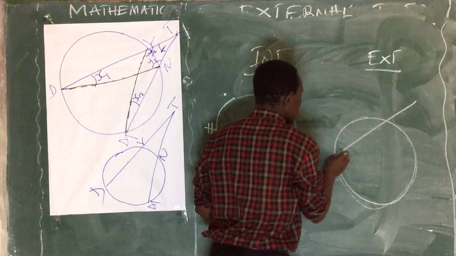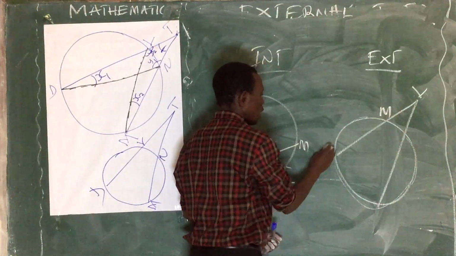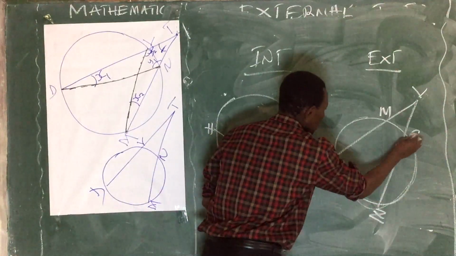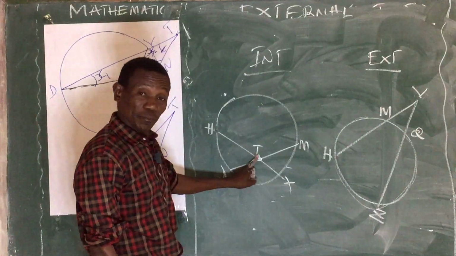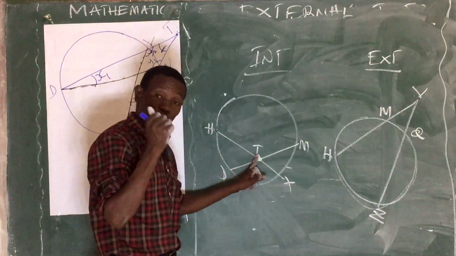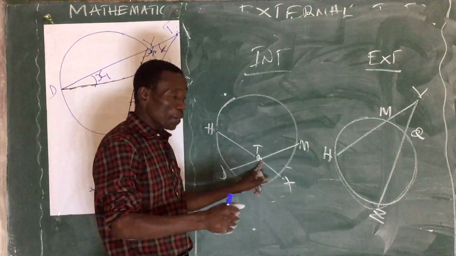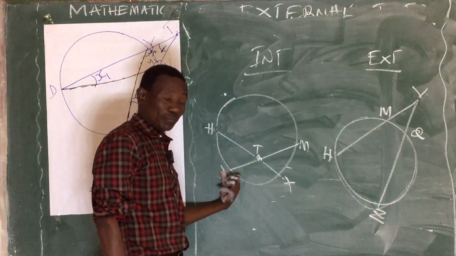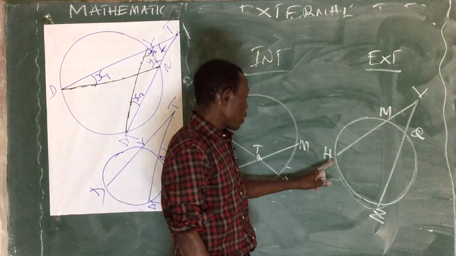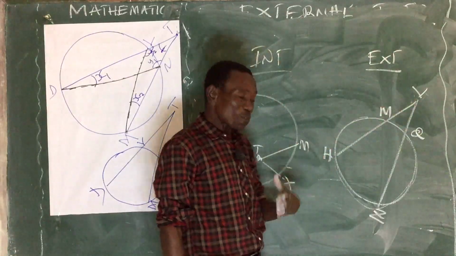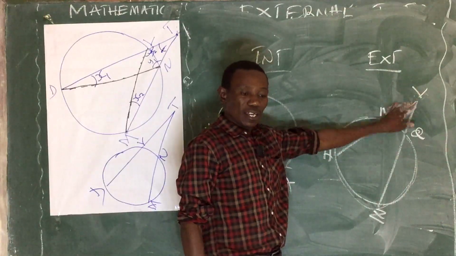Then this one has chord C intersecting outside by meeting at V. Like say this is M, H, but this one is Z, Q. What we should expect is this distance from here up to that multiplied by from here up to that is the same as from here up to that multiplied by T to D. When this is the situation we should expect to have HV multiplied by MV should be equal to what? ZV multiplied by QV.